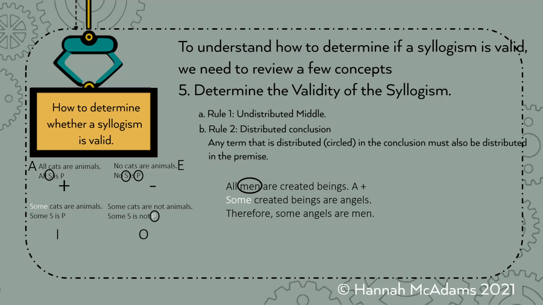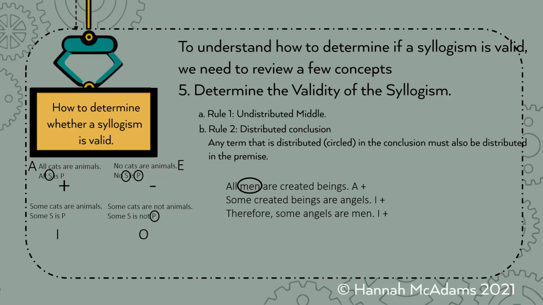Nothing is circled here, so we leave it blank. It is also positive because it doesn't have any words like no or not. I statements are kind of confusing. Then the last one, therefore some angels are men. Again we have the some, which is also an I statement, so we don't circle anything.